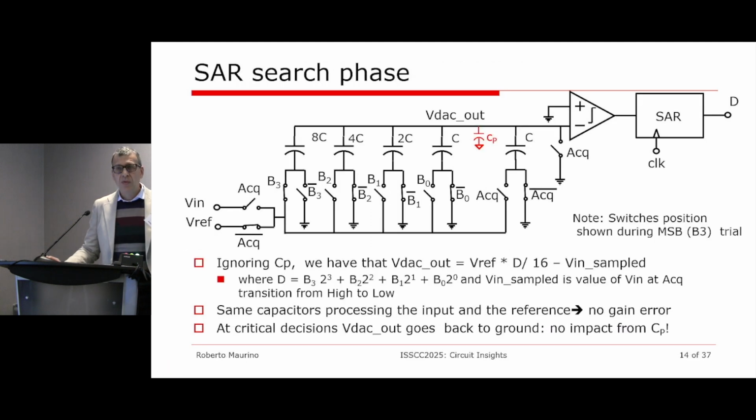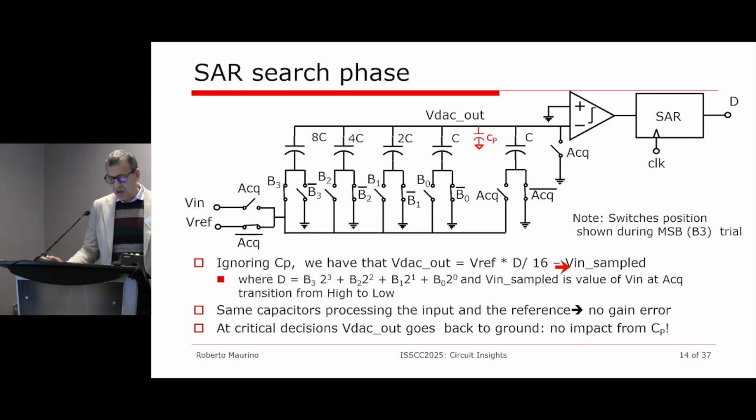And then you move to the search bit trial phase, and you connect your CDAC to your reference, and you start the MSB trial. And if you use charge conservation, you'll find that now the voltage on this node is given by this expression here. Ignore the parasitic capacitance for the time being. So you'll see that it's given by the DAC code scaled by VREF minus the input value that you have sampled.